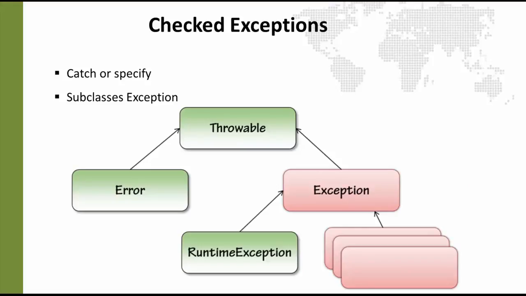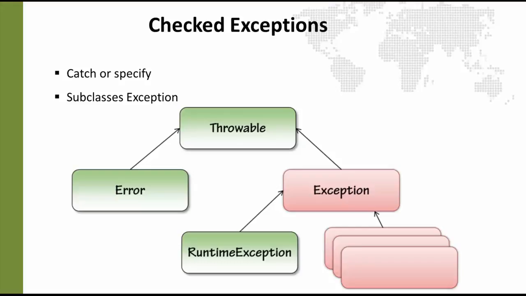So if you create new exceptions in Java and you want to create checked exceptions, you would inherit from Exception. And when you are dealing with exceptions, the rule to remember is that checked exceptions are any kind of exception that code can reasonably be expected to handle.